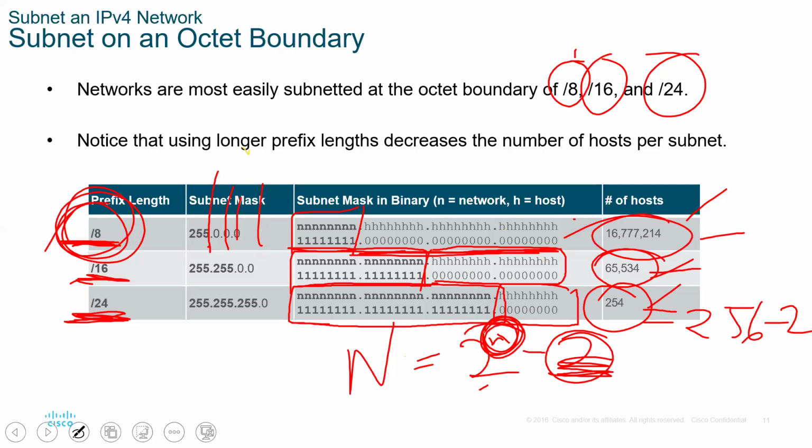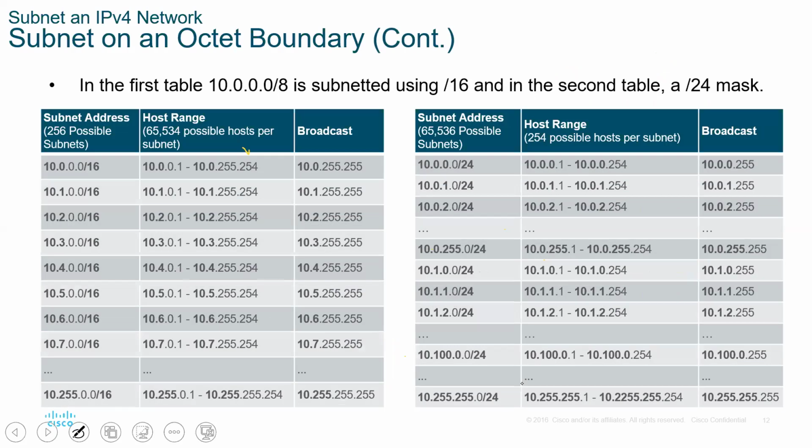This n here is the number of zeros that you have in your host portion. And this 2 here is telling you you are dealing with binary, right? So we will see how we will apply these formulas very soon.